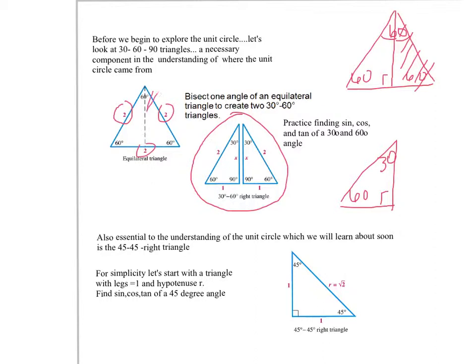So think about it like this. If you take away then this side after you've bisected your angle, then from here to here is going to be 1. Okay? Then we keep thinking about it a little bit. So if this side is 1, and if the hypotenuse is 2, then what's this long leg right here?